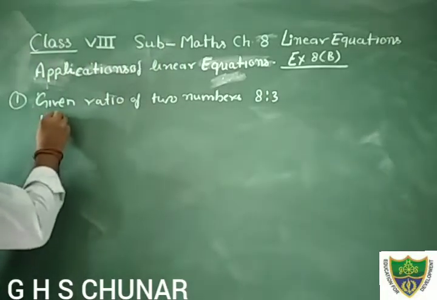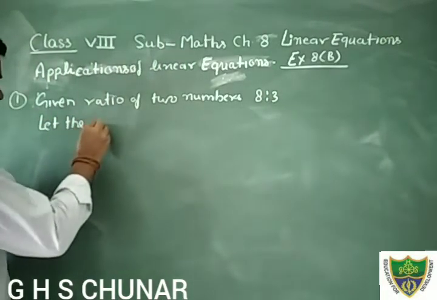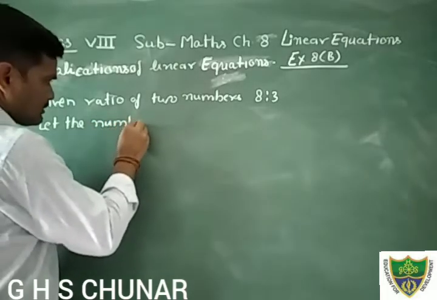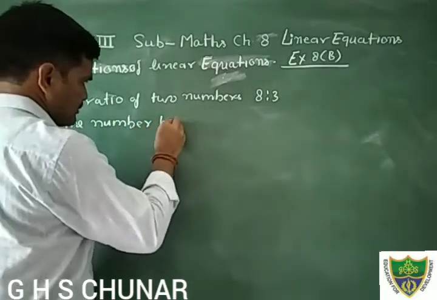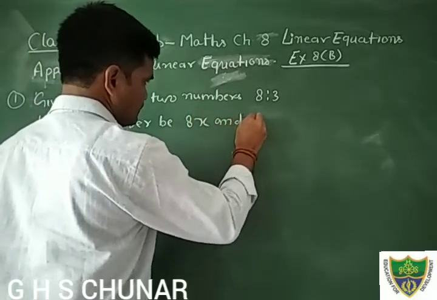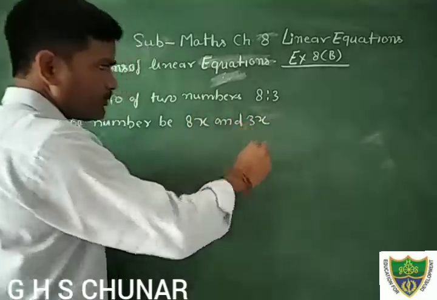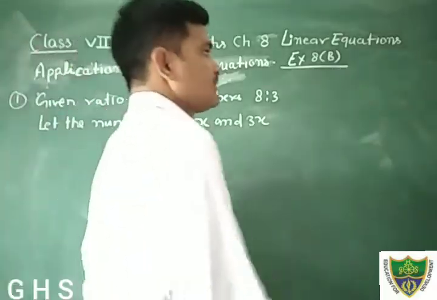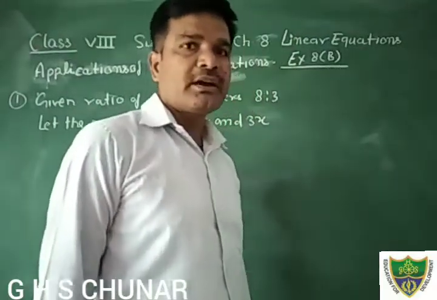Let the numbers be 8x and 3x. When you find the ratio of 8x and 3x, you know how to find the ratio.